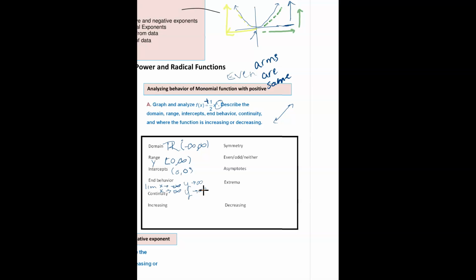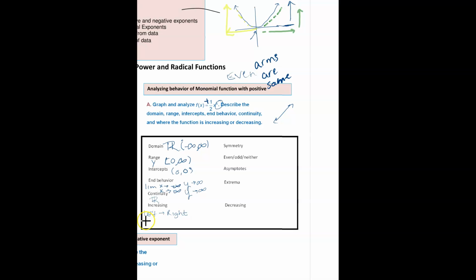All right, is this graph continuous? Meaning, are there any jumps, asymptotes, or holes? Nope, there's none of those. So yes, it's continuous across all real numbers of the domain. All right, is this graph increasing or decreasing? Remember when we do that, we read it from left to right. So from left to right, this graph decreases from negative infinity.